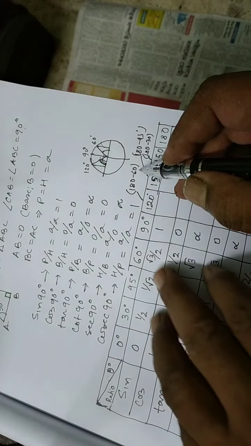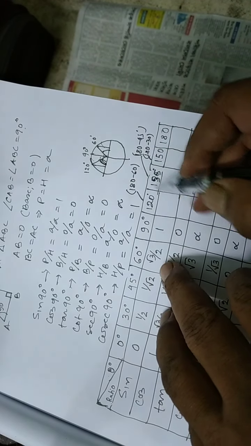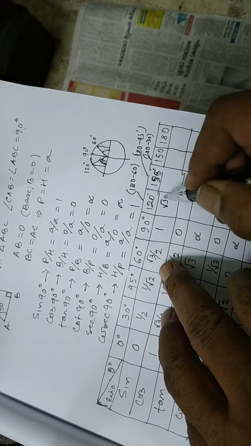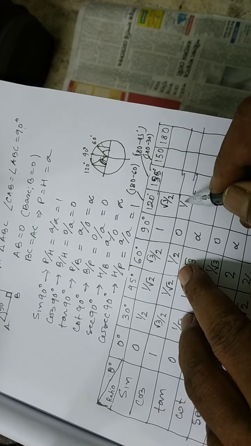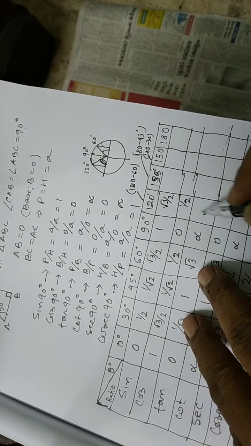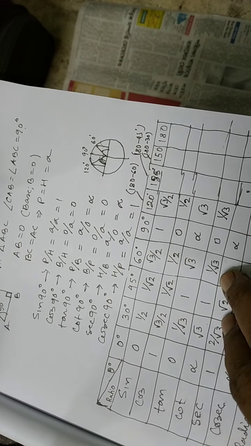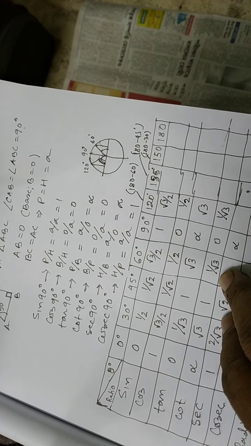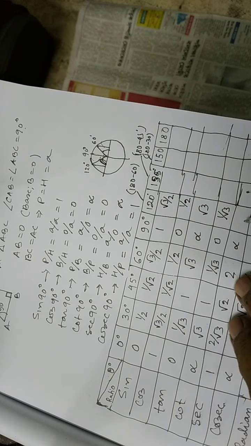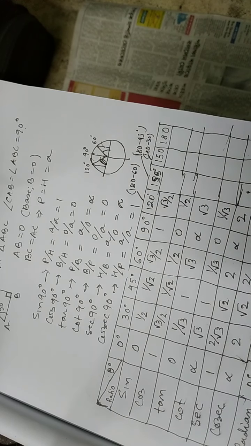So just look at the 60 values. This is root 3 by 2. This is root 3. This is 1 by root 3. This is 2. This is 2 by root 3.